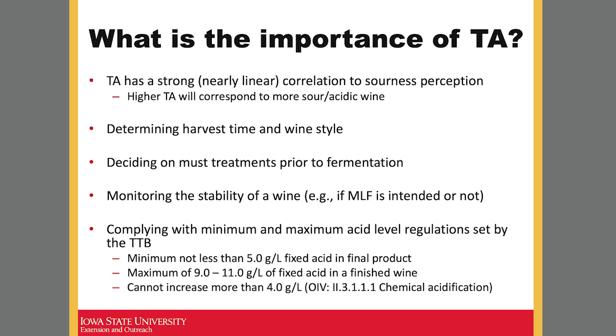There is a minimum of acids you can add and a maximum of acids you can have in a wine. The maximum would be 9 to 11 grams per liter of added acids. So make sure you know those rules before making any adjustment.